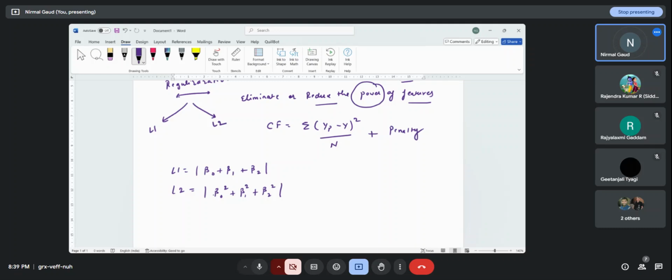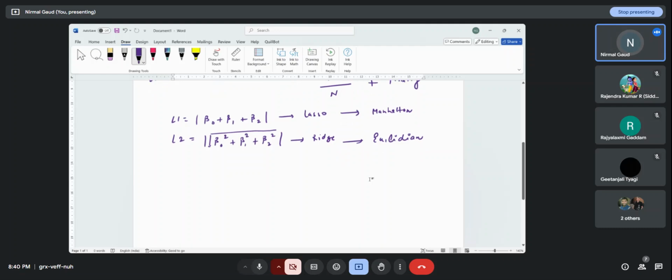Okay, I think I should put root also, because L1 is lasso, L2 is ridge. This is Manhattan distance, this is Euclidean distance. So let's put root also.